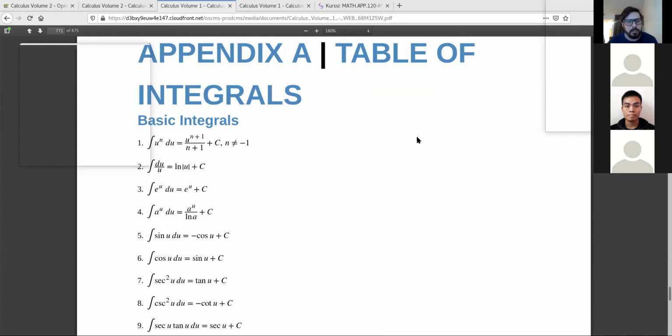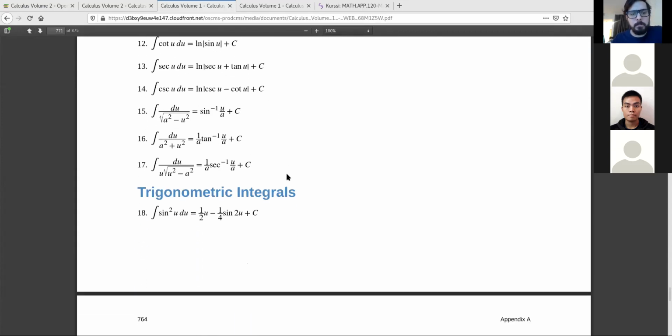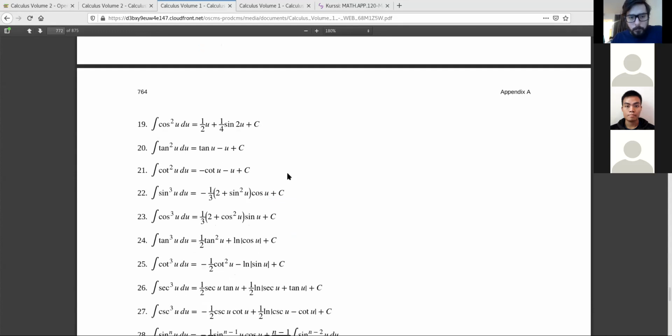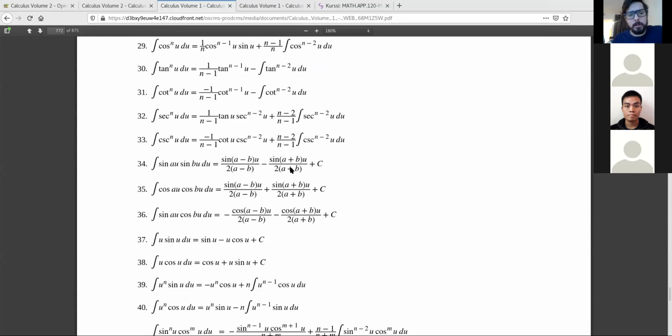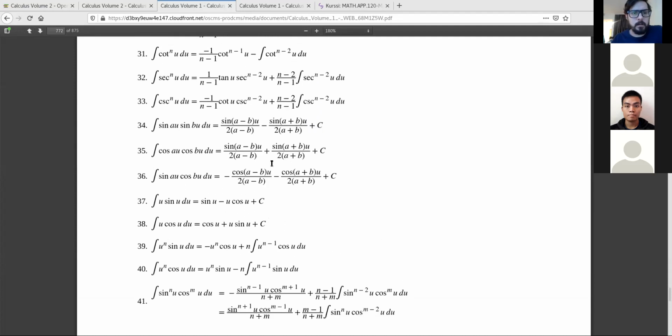We can consult the table of integrals to find the antiderivative of most functions. But of course, these are just the rather typical fundamental elementary functions, and there are quite many of them here.